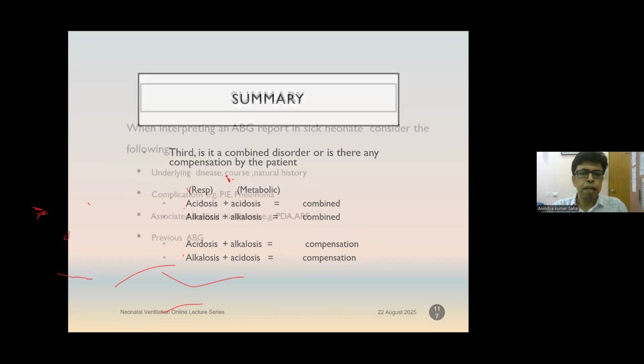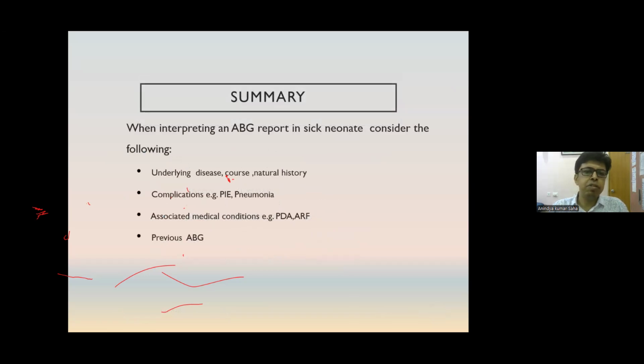And lastly, when we interpret an ABG, we always do not treat the ABG strip. We will not treat the machine. We will look at our baby. We will correlate it with the associated medical conditions, associated medical therapies, underlying disease, natural history, course, complication, and possibility of error in sampling, in the machines, in drawing the blood sample, or in the processing or storing of the sample.